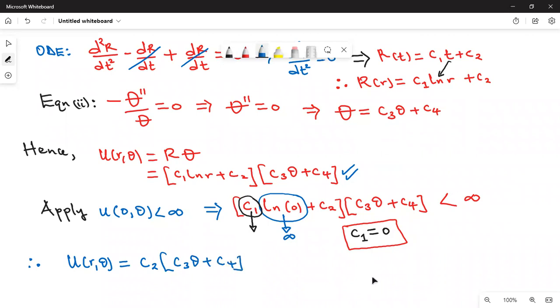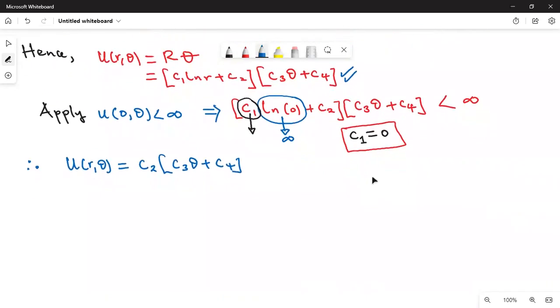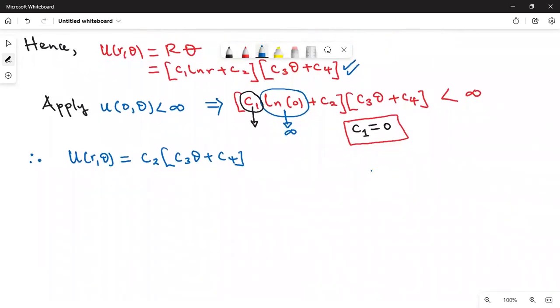And you realize that if we take the C2 inside, because we can simplify this equation, C2 will multiply C3 and C4. So you can just say u of r, theta is equal to, let's now call it A times theta plus B, where A is C2 times C3 and B is C2 times C4.